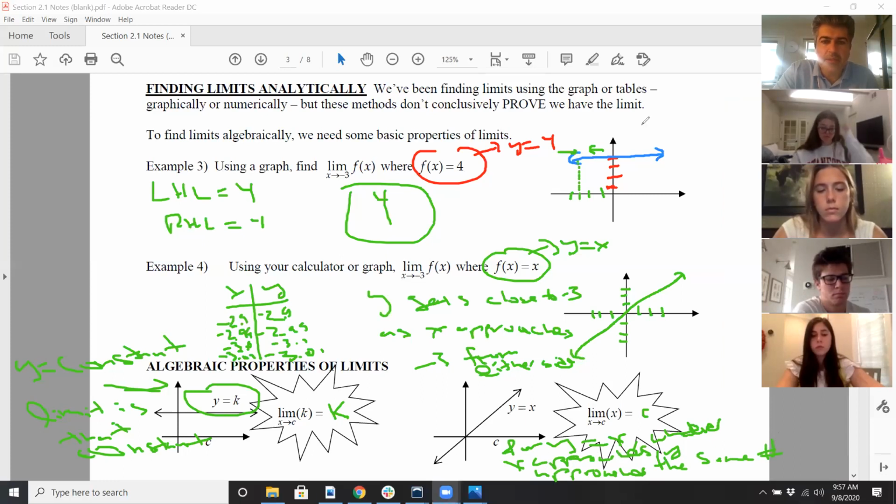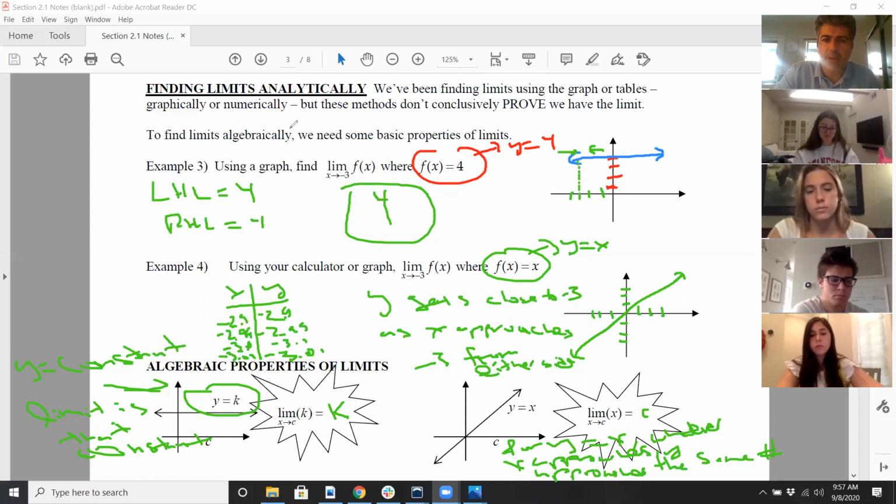So we have a chat question. Are there any exceptions to algebraic properties? No, for these, no. There are no exceptions. For other limits, yes, there will be other properties, but for these, no exceptions.